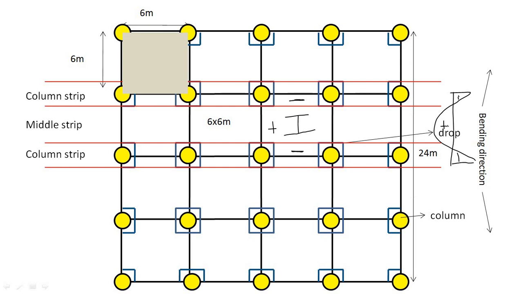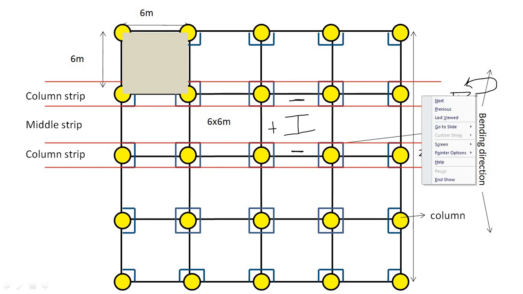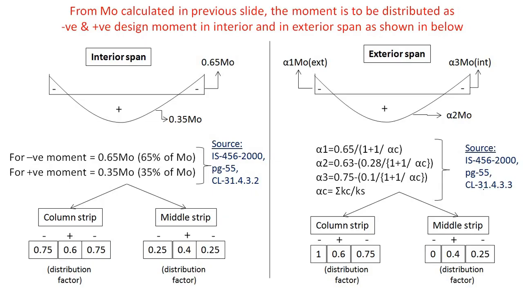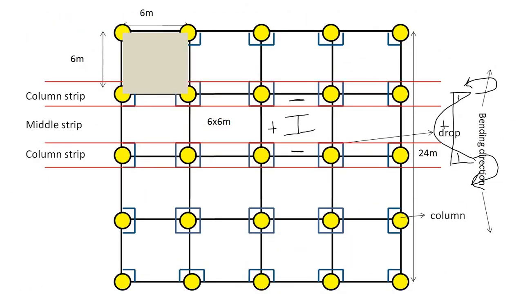This negative moment will be transferred to the column strip, and this will also be transferred to the column strip, and it will transfer to the middle strip. Now we will see how much percent of moment will transfer to the column strip and how much percent of moment will be transferred to the middle strip.